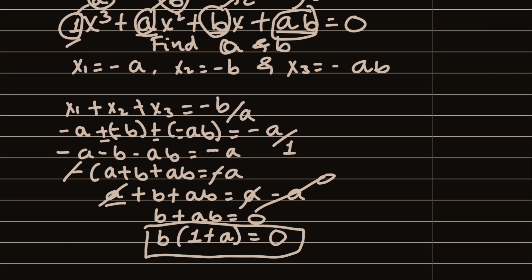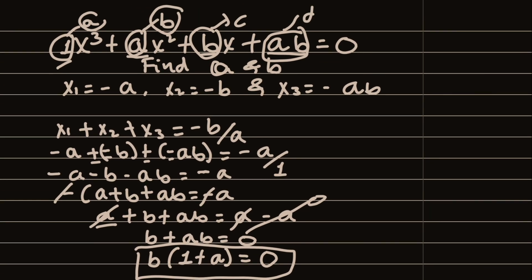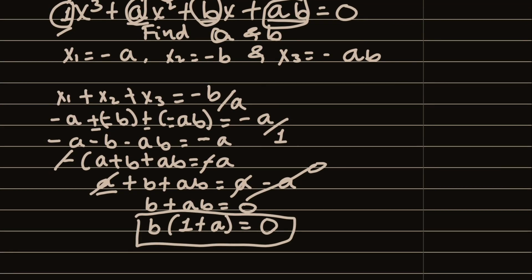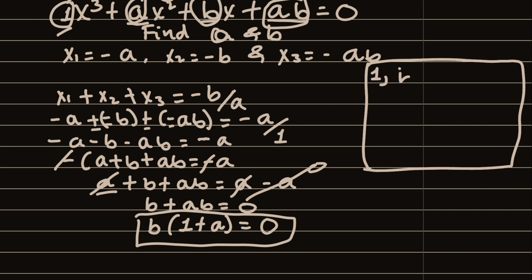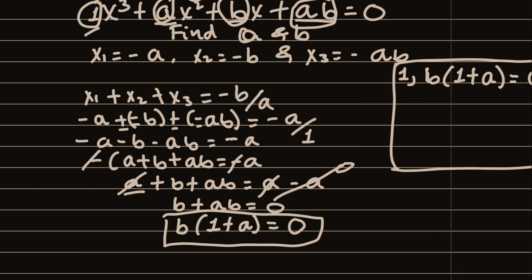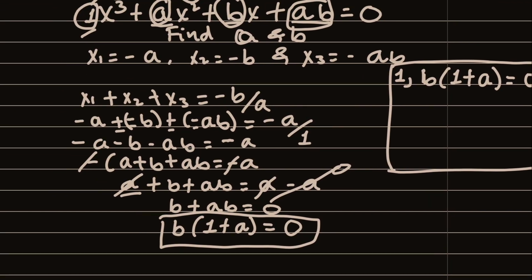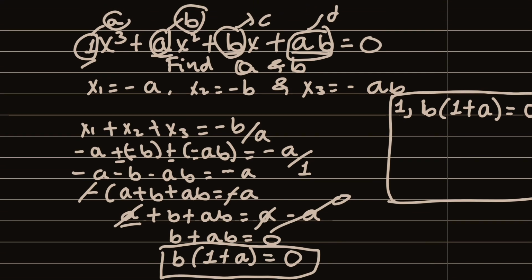Okay, let's put it in a box because we will use it later. We have finished the first of Vieta's formulas for our cubic equation. What about the second? Let's erase this part and continue to the second part.